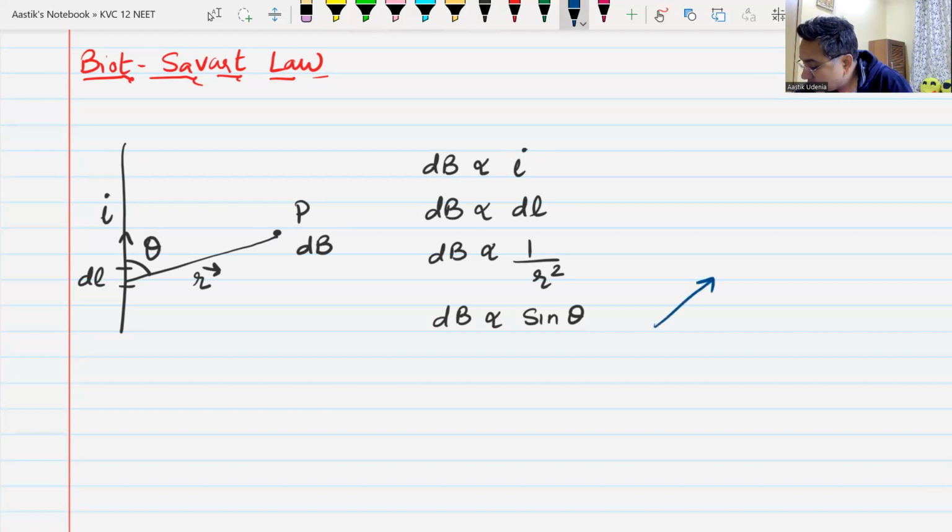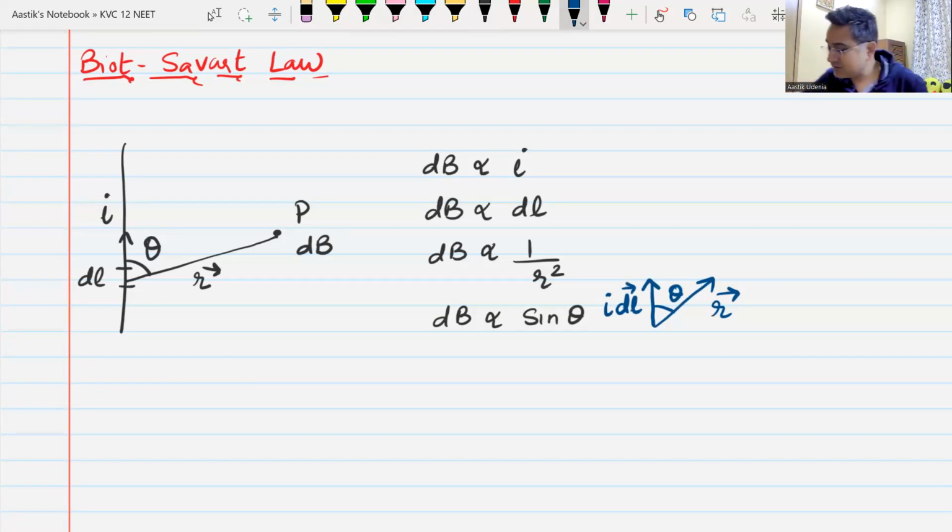Not current and r. I dl and r. Do we understand what I am saying? Yes, sir. dl and r. Current carrying element and r.